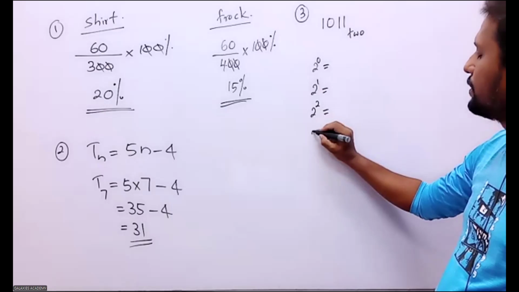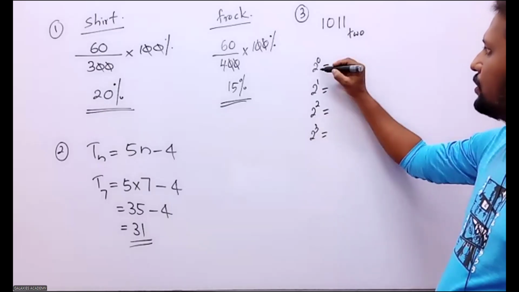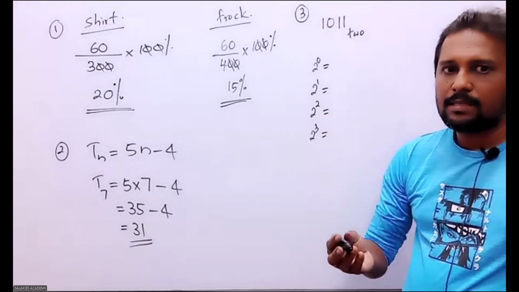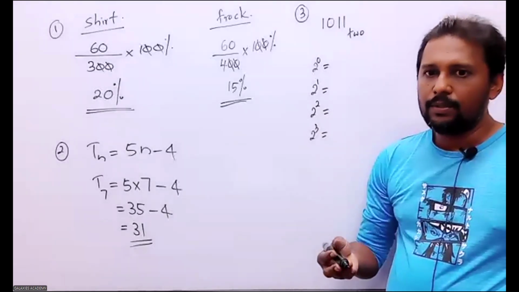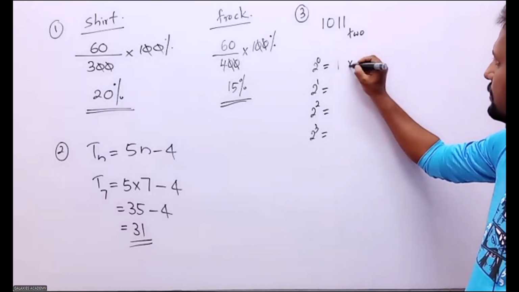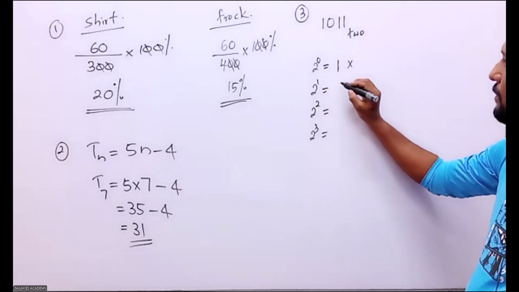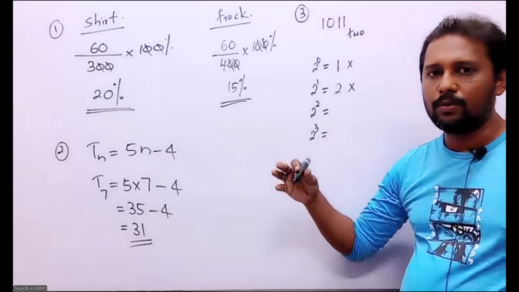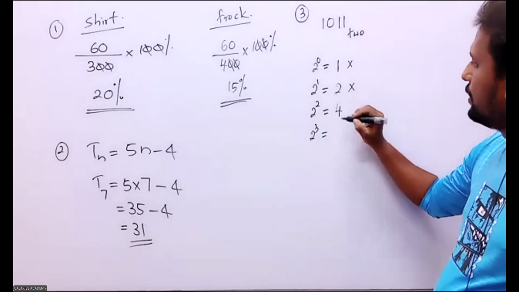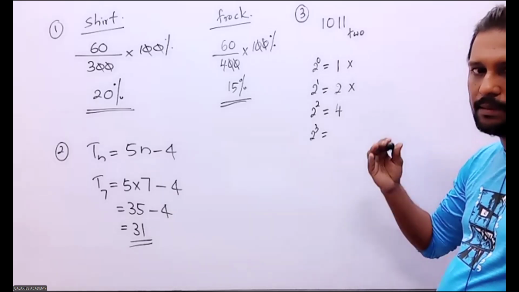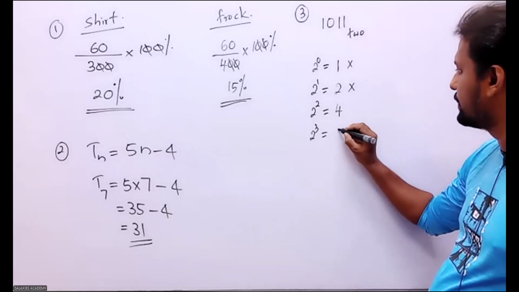This one 2 to the power 3. 2 to the power 0 means 1. Any base, if the index is 0, its value is 1. 2 to the power 1 is 2. 2 to the power 2 is 2 multiplied by 2, 4. 2 to the power 3 is 2 times 2, 4, 4 times 2, 8.